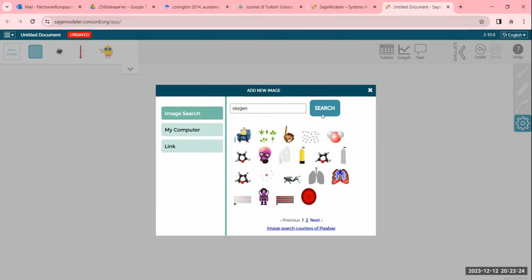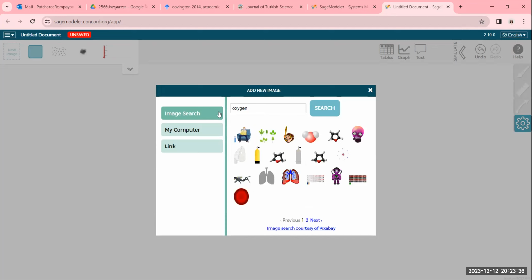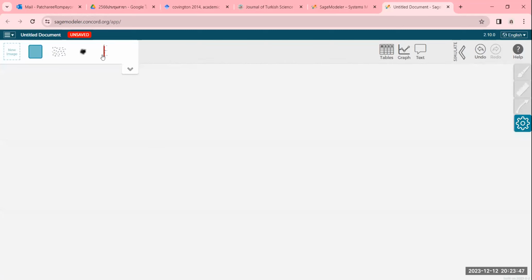Can you just choose the image of oxygen, the red one, red with 2 molecules, or this one? Yeah, that one. Okay. So for now we have the picture of a pH. Let's try to write down and draw the relationship.